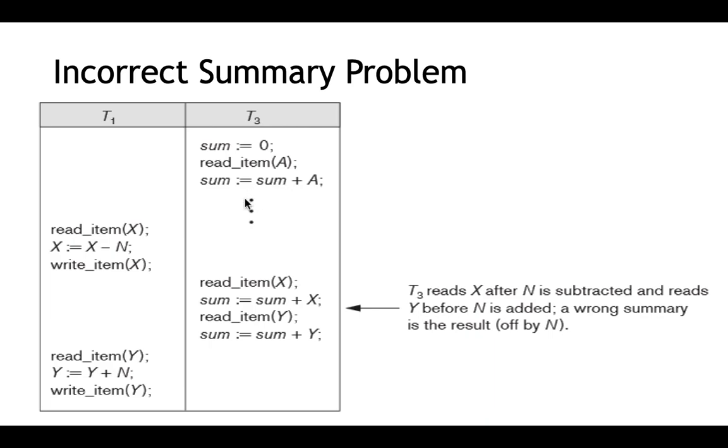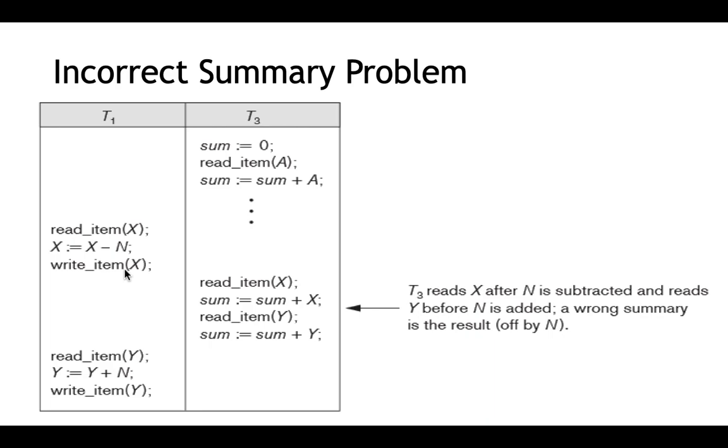Now imagine another transaction T1 comes in between. It reads X, subtracts n from X, and that is written back to X. Imagine this transaction as you withdrawing 1000 rupees from your account and putting that 1000 into account Y. So 1000 rupees is being deducted from your account, and before that 1000 is deposited into another account, there is a small gap between these two.